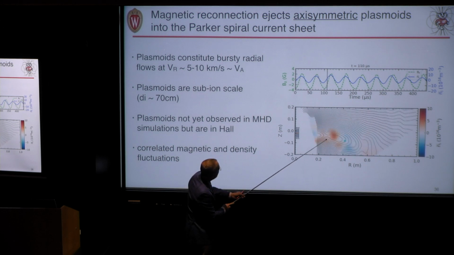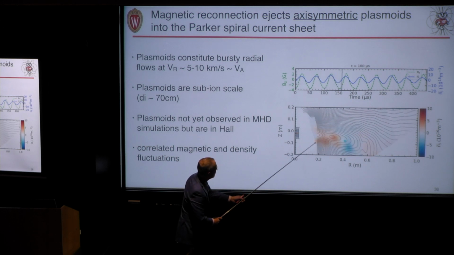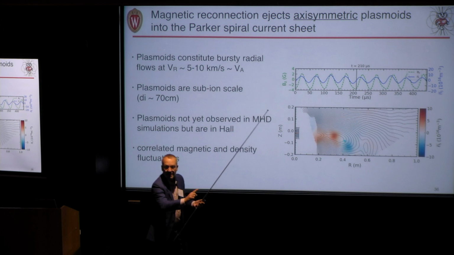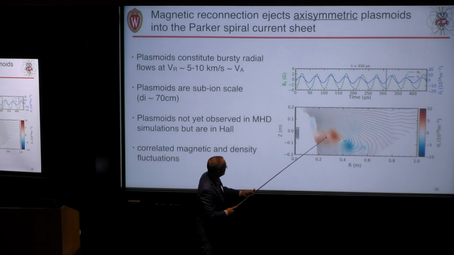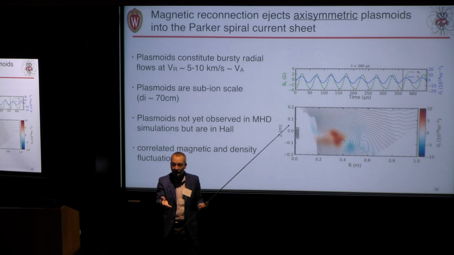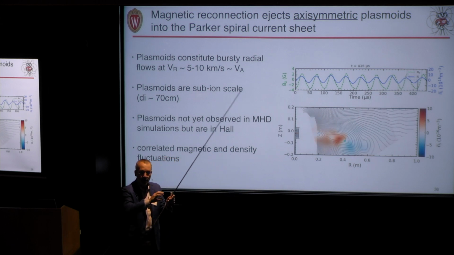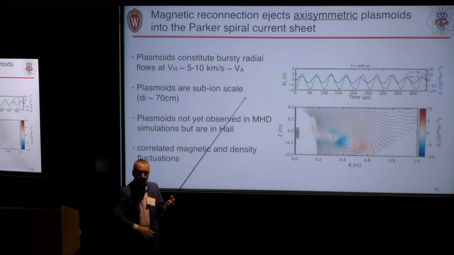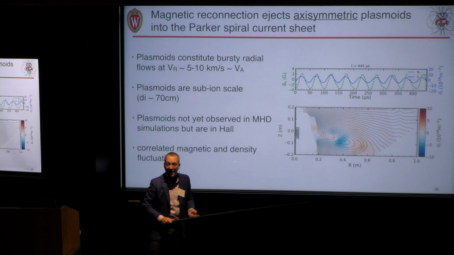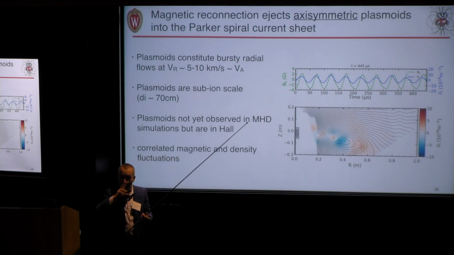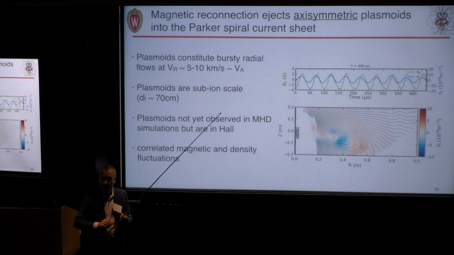we're actually ejecting little plasmoids, flux ropes, which are azimuthally symmetric modes that break off from the closed flux surfaces of the magnetosphere and actually fuel the outgoing wind. This is showing the density fluctuations, and on top of that, you're seeing the magnetic topology as it breaks off.